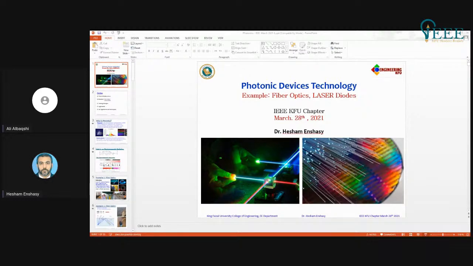And photonics is basically two parts: photo and then onics, which basically came from electronics. So it's photoelectronics, or some people call it optoelectronics. So basically the science of photonics talks about how you can deal with light, which is in this case photons.